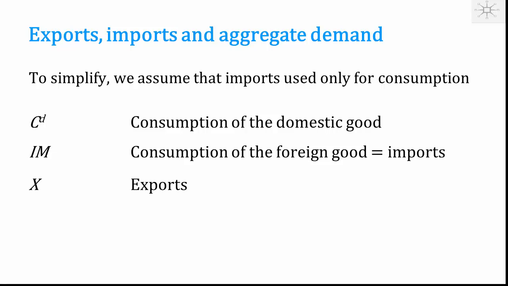So let C with a little d be the consumption of the domestic good, and let IM be the consumption of the foreign good, or the imports. And let X be the exports.